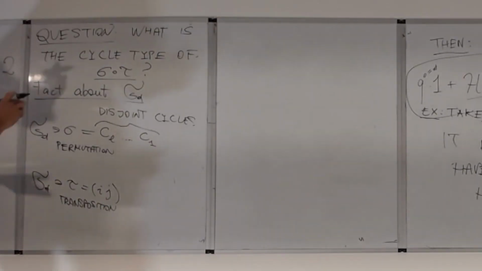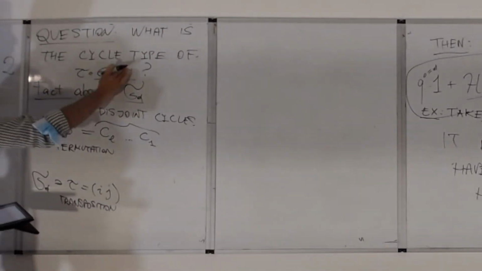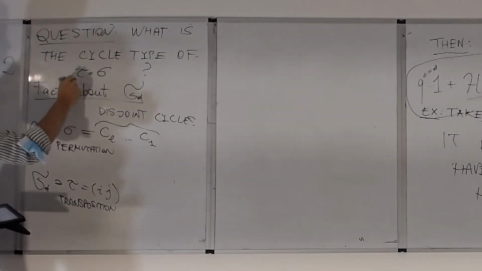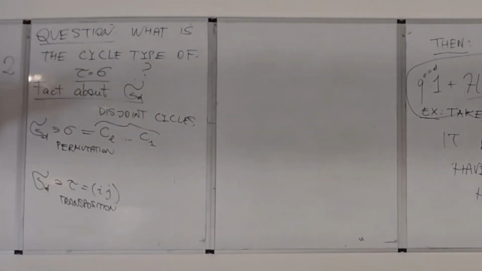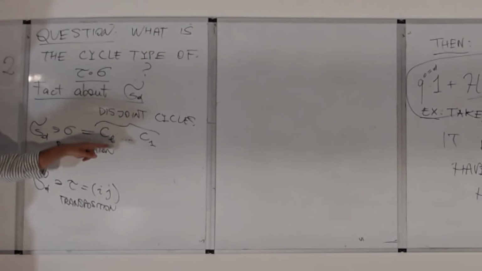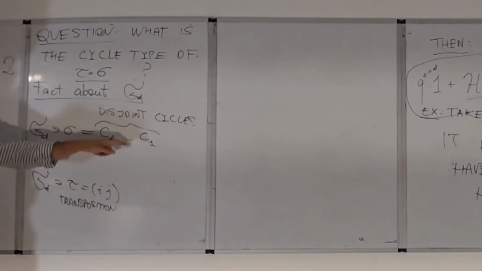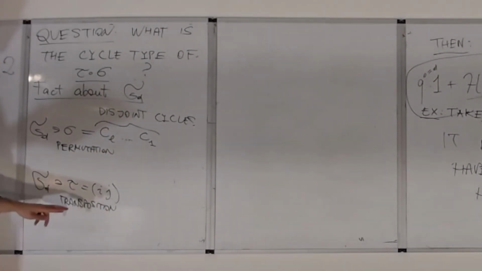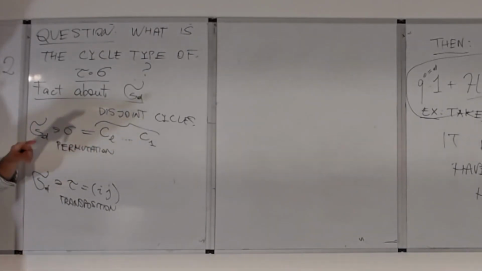Actually, sorry, I want tau composed with sigma. It doesn't matter too much, but let me write it on the left. Exactly. So the first observation is, if i is in some cycle and j is in another cycle, then something will happen. But if i and j are inside the same cycle, then something different will happen.